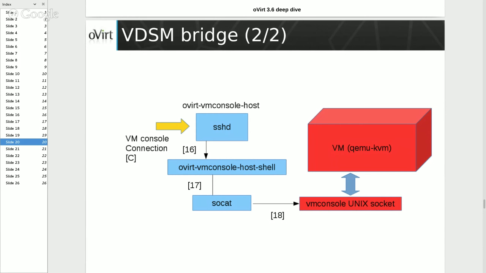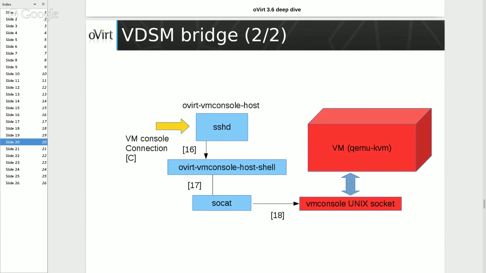From this ID, the tool can detect and create a Unix domain socket path, and it can spawn a socket instance to finally connect the channel from the user to the VM console.